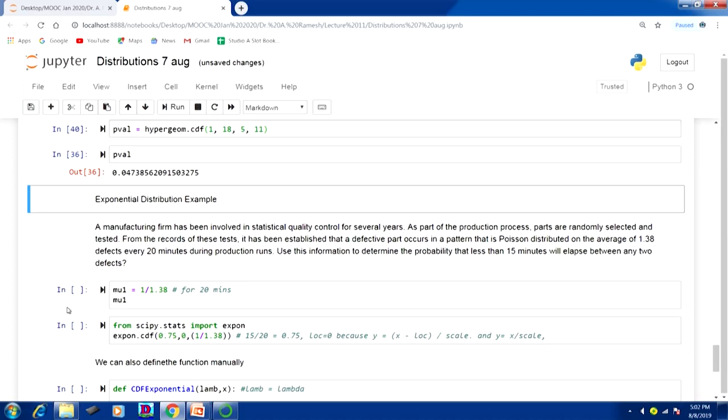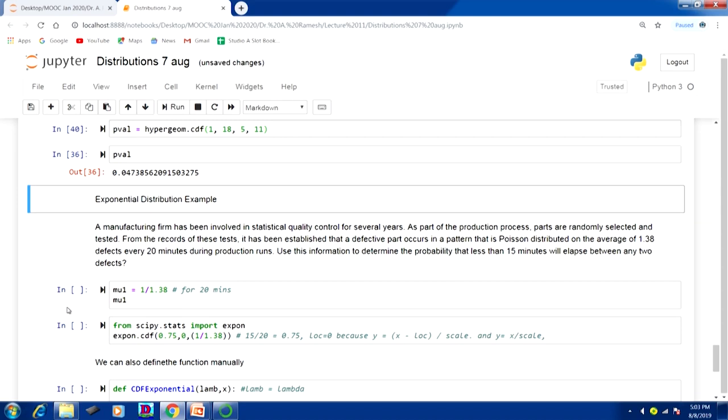Here you have to look at 2 things in this problem. One is the mean of a Poisson distribution is given, mu, and the second thing is "between any 2 defects". As I told you in the theory itself, whenever it is between 2 things you have to go for exponential distribution. First we need to find the mean of the exponential distribution.